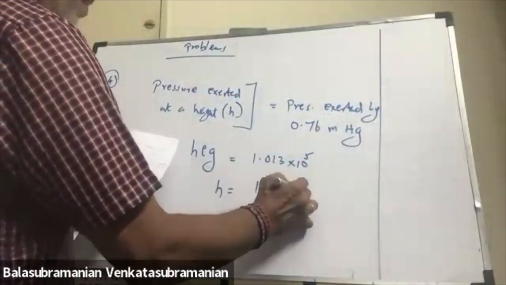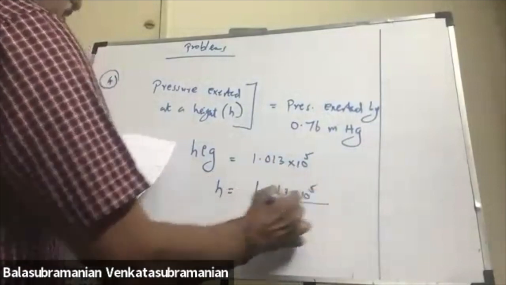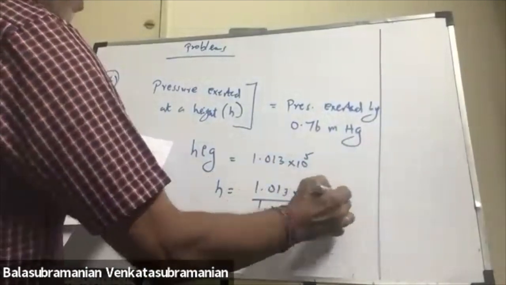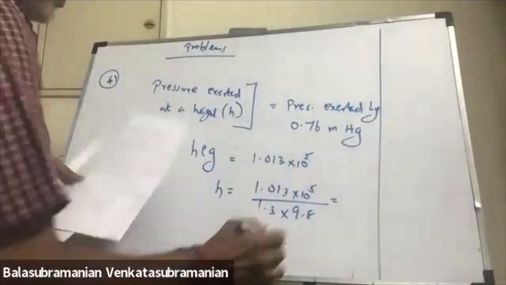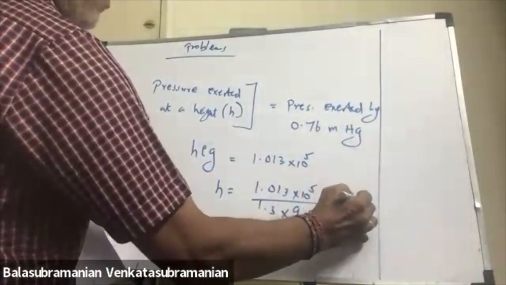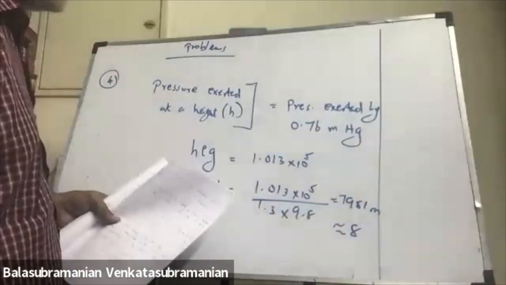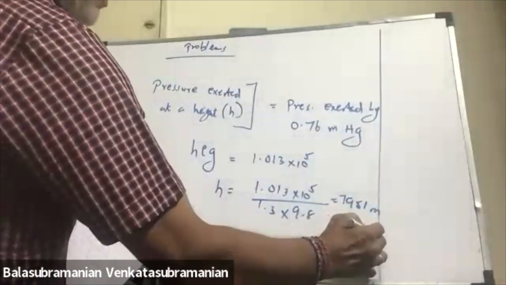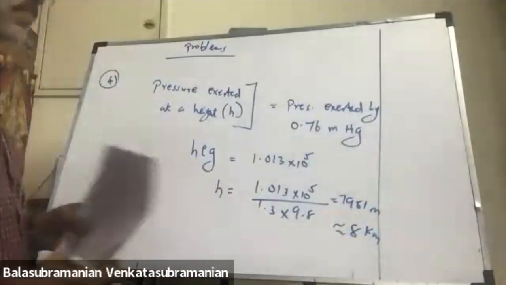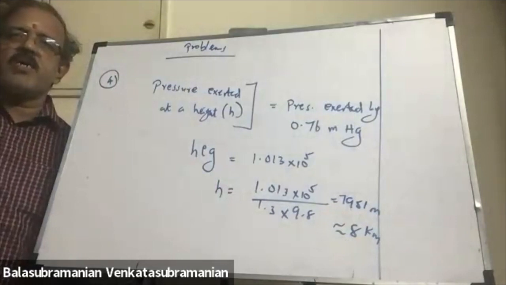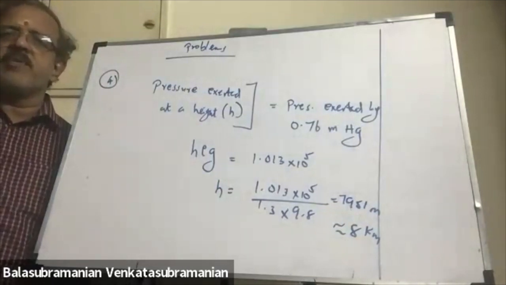h is 1.013 into 10 power 5 by 1.3 into 9.8. Simplify, 7951 meter, approximately 8 kilometers. 7.951 kilometer, approximately 8 kilometer.